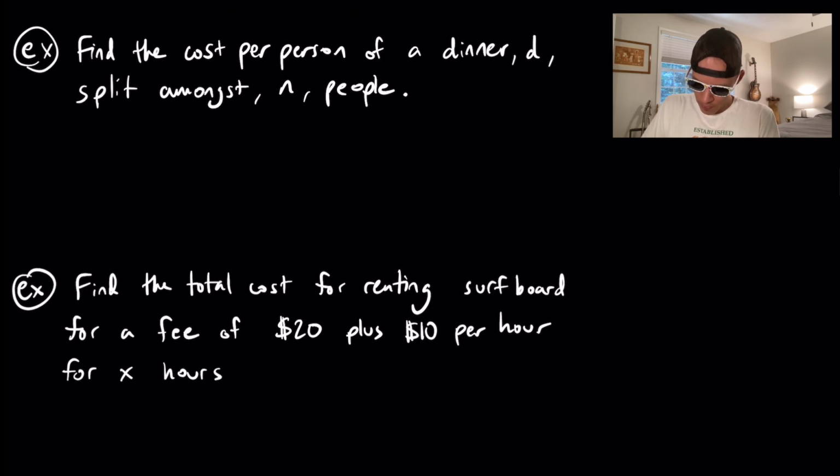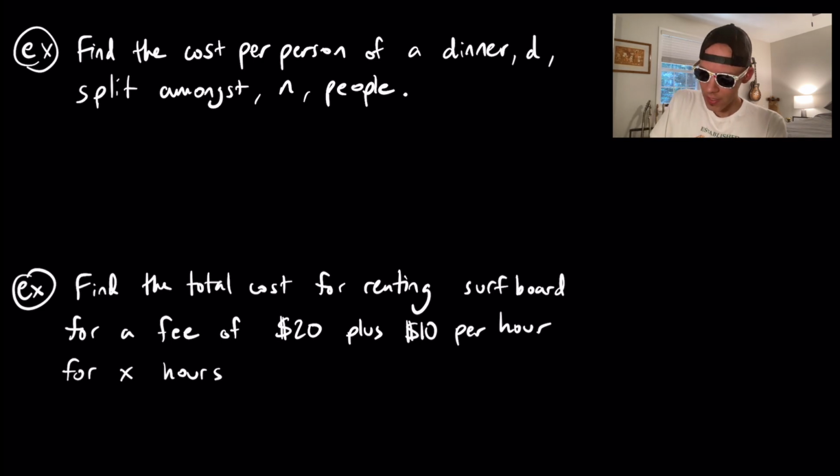Okay, here's some more real-world situation type scenarios. So the first example, find the cost per person of a dinner. It costs D dollars, split amongst N people.